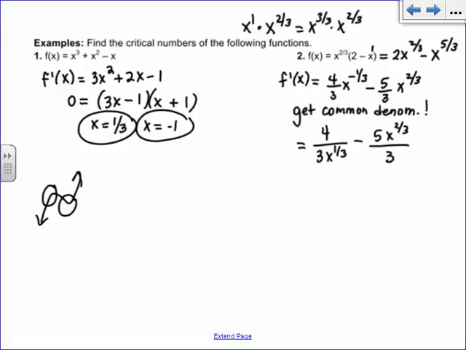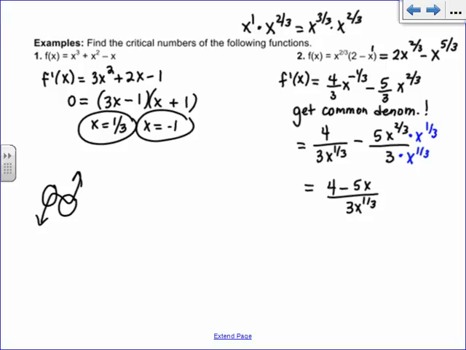So that way I can see that I'm missing the x to the 1/3 on the second one. So I need to multiply that on the top and the bottom. So when I do that, I get 4 minus, you can see what x to the 2/3 times x to the 1/3 is? Just x, right, x to the 1. All over 3x to the 1/3.